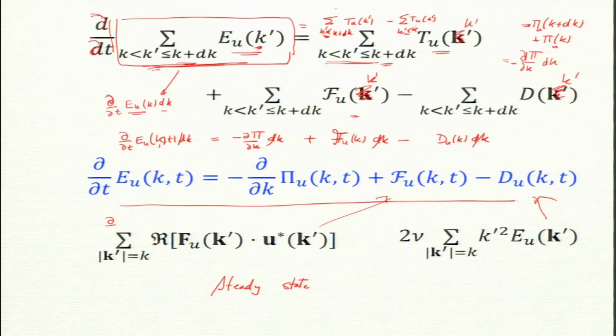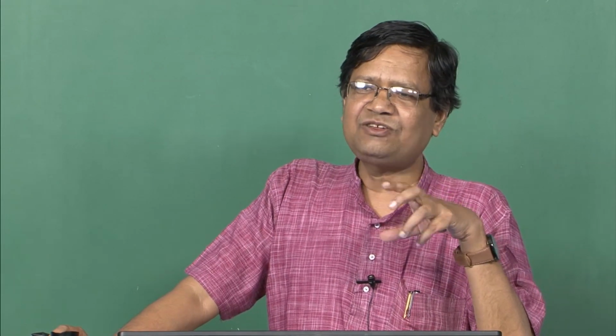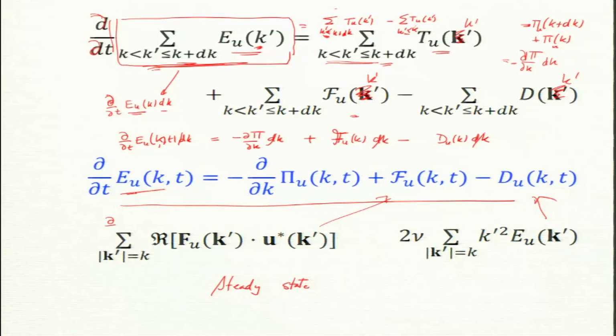It is not a saturation, the system is still fluctuating, but on the statistical average it does not change on the whole. So the energy of a given sphere or a given shell will not change. It will be an average quantity, it will fluctuate around a mean, but the local mean at k will not change.